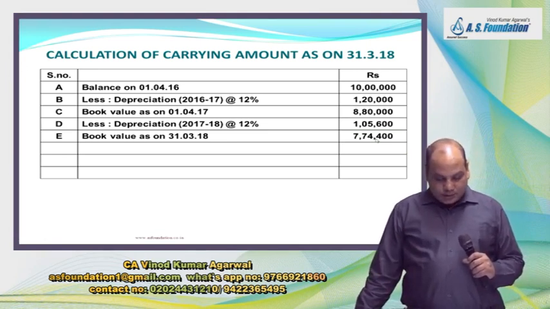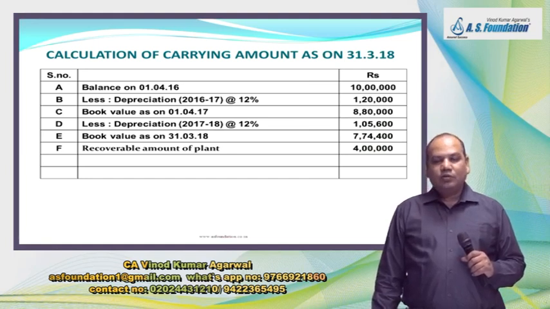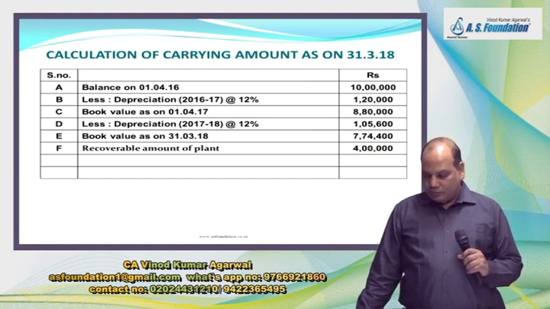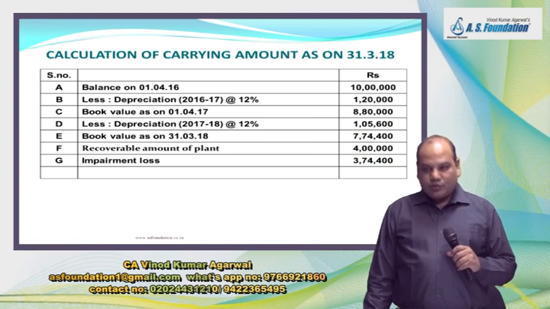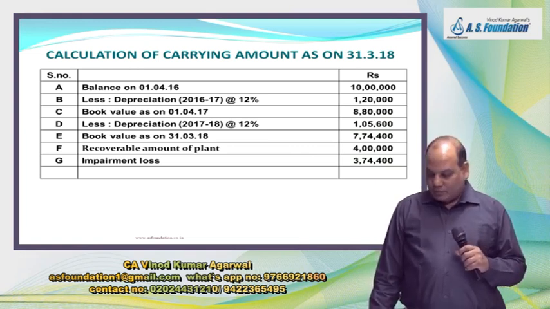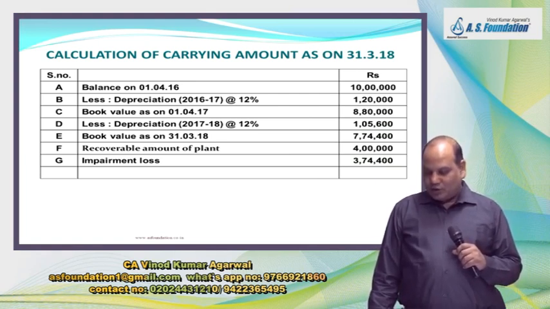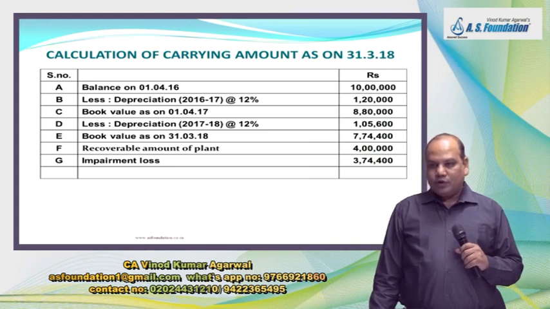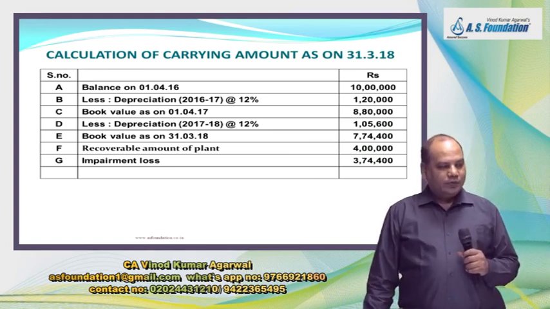But the recoverable amount is 4 lakh. So below that write down impairment loss equal to 7,74,400 minus 4 lakh. And therefore impairment loss is 3,74,400.